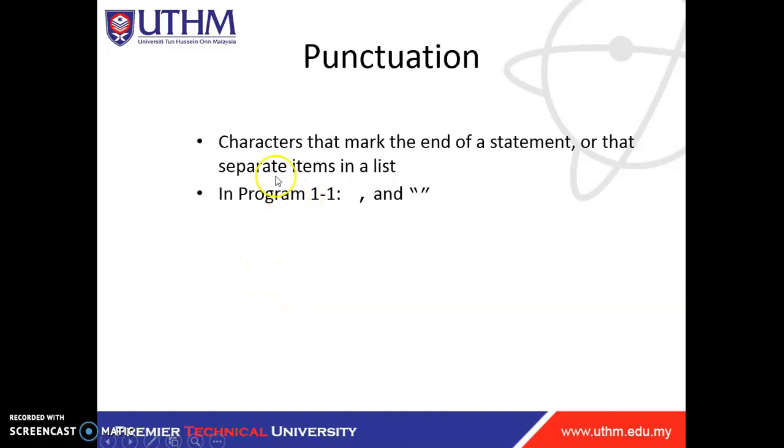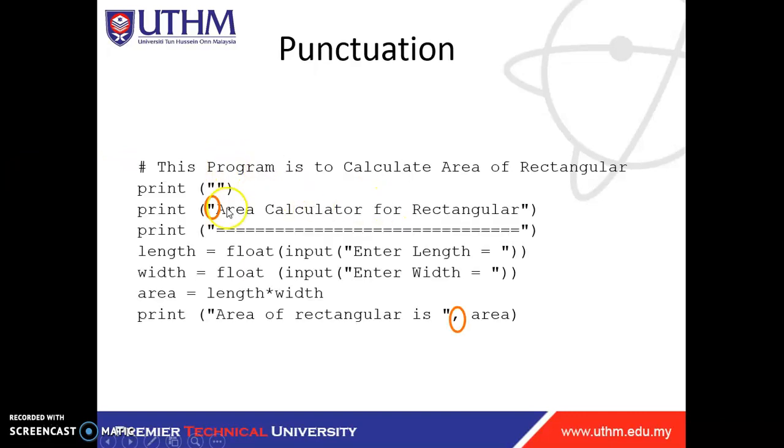Next, punctuation. Punctuation is the character that marks the end of a statement or separates items in a list. In program 1, you have the quotation mark, for example "Area calculator for rectangle". When you want to use print to show outputs, you must have the quotation mark.